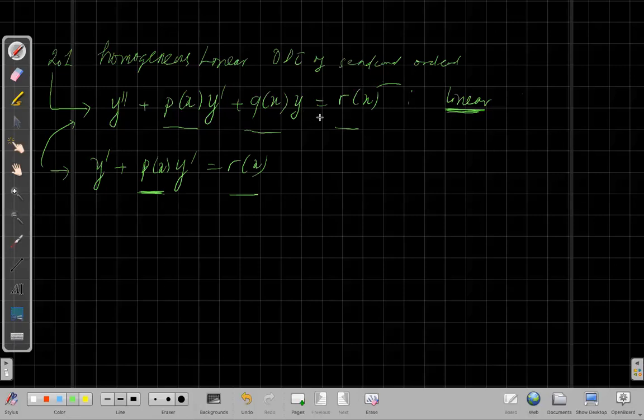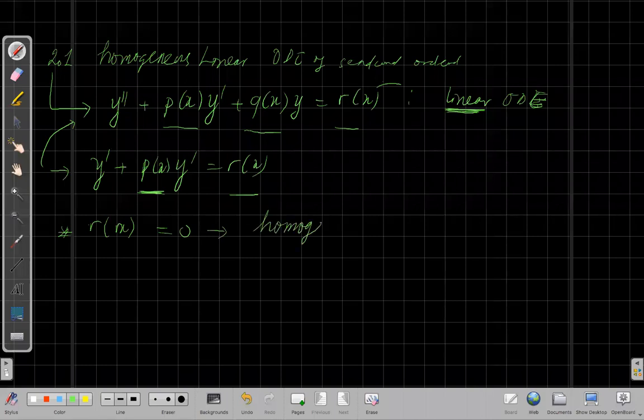So we have the second order linear ODE. In this case, if r(x) on the right side of the equation is equal to 0, we obtain the homogeneous linear ODE, homogeneous because it is 0.